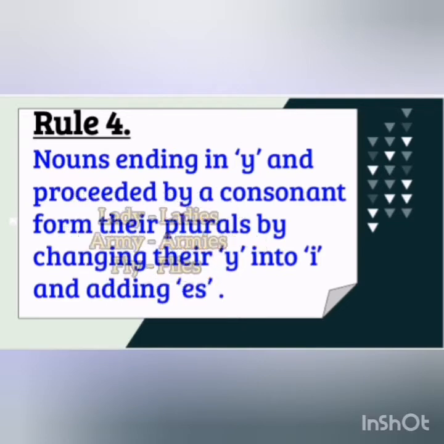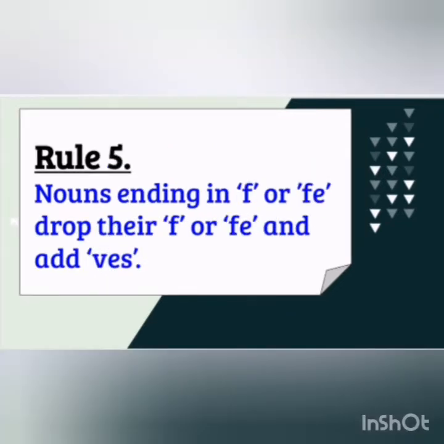Understood? Now coming to the fifth rule: nouns ending in f or fe drop their f or fe and add ves. Any noun that is ending with f, we remove that f and write ves.